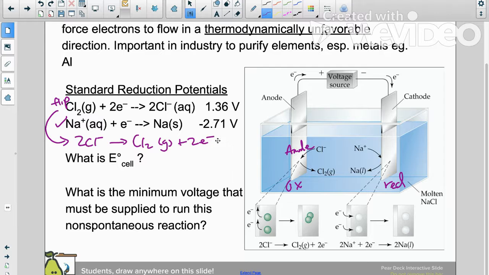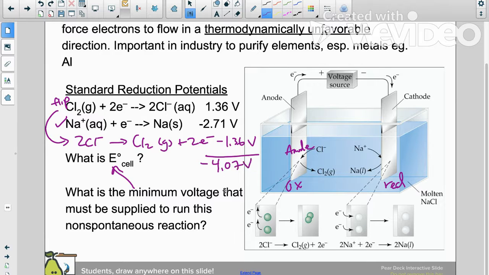So you can see here that's going to be a minus 1.36 volts. And so when we get this E cell, okay, this is going to be the minimum voltage. That's going to be a minus, what's that going to be if I do my math correctly?